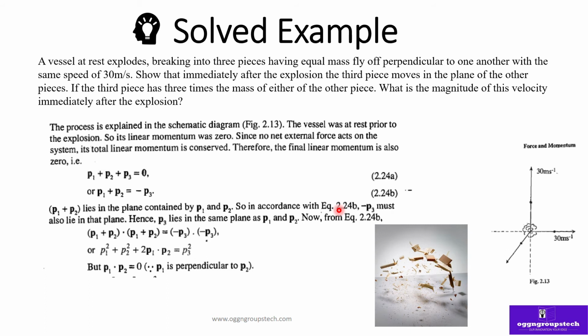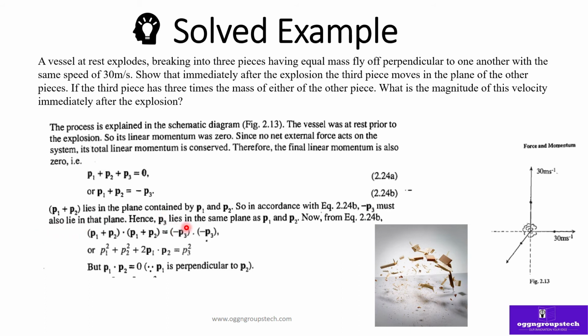Next, look here, what we have given: P1 plus P2, both of them are in the same plane. In accordance with this equation, P1 plus P2 are in the same plane and minus P3 is there, so minus P3 must also lie in that plane.